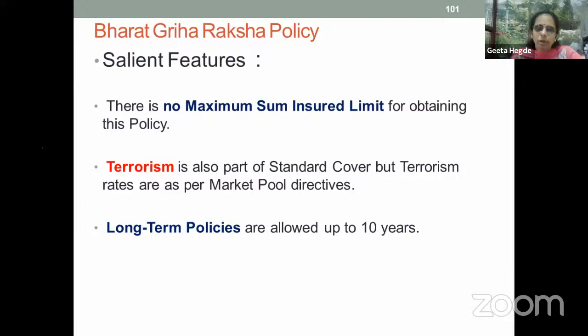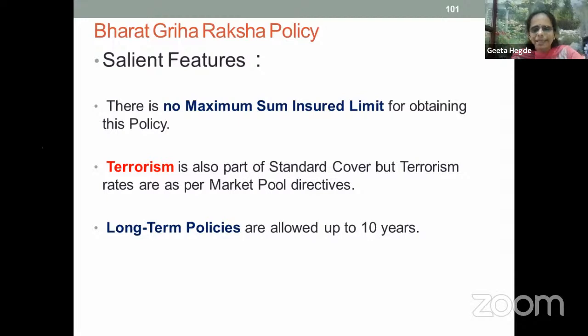So always the policies opted were the discounted policies. The second option of increasing the sum insured on yearly basis, which was available under SFSP also, was not opted by insureds most of the cases.